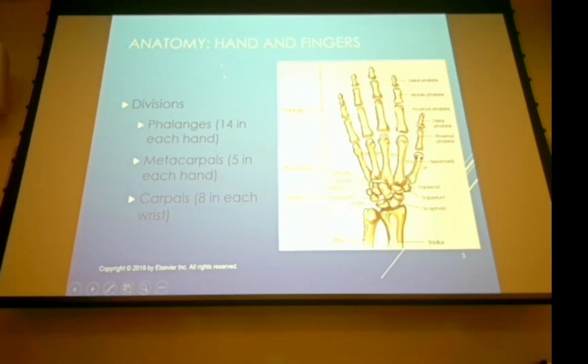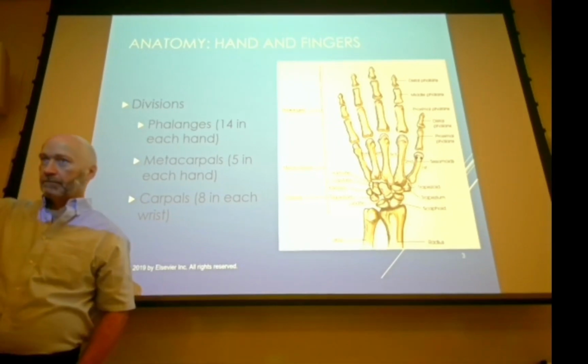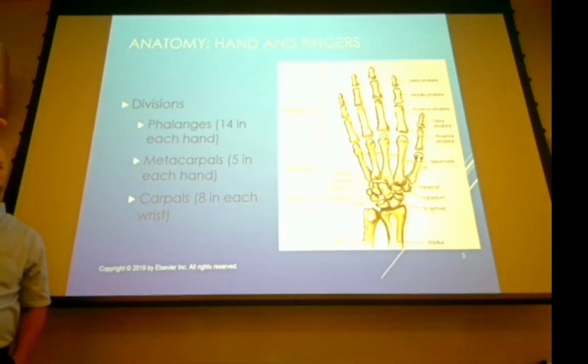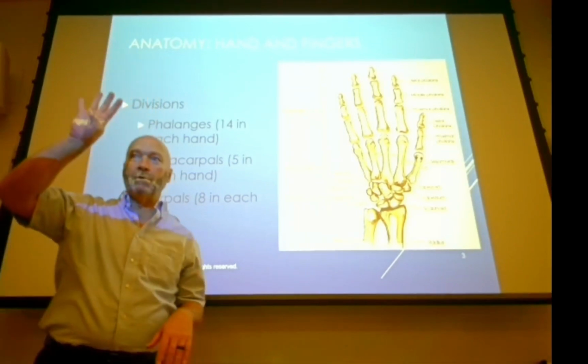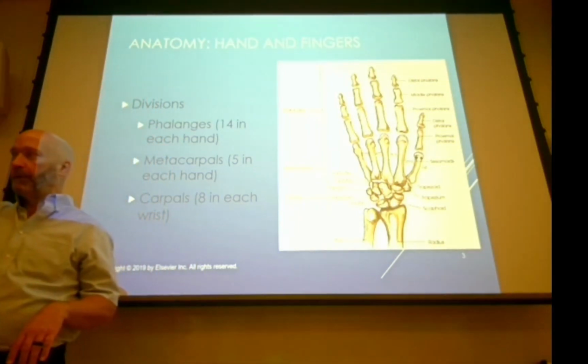So what we've got in our fingers and hand, we've got phalanges, we've got metacarpals, and we've got carpal bones. Okay, so the phalanges are your fingers. Now you've got 5 fingers, right, including your thumb. In each one of those fingers, except for the thumb, you have individual pieces to them.